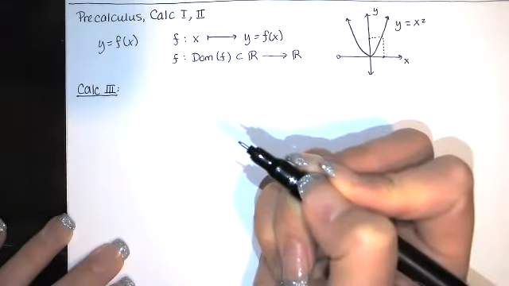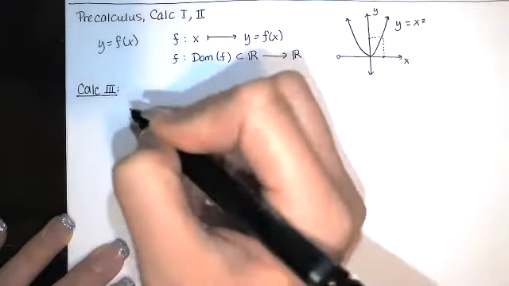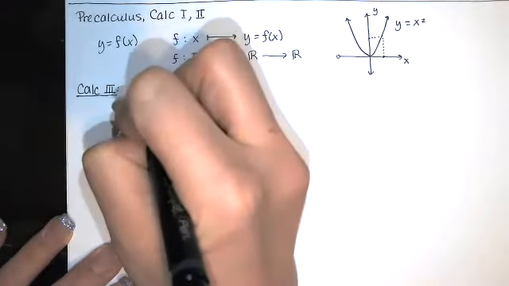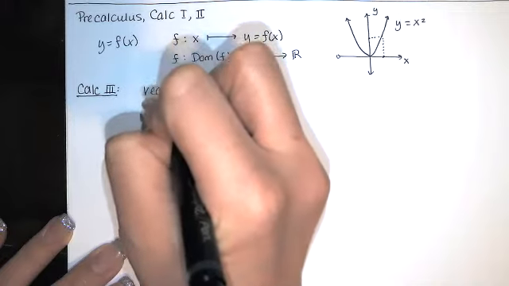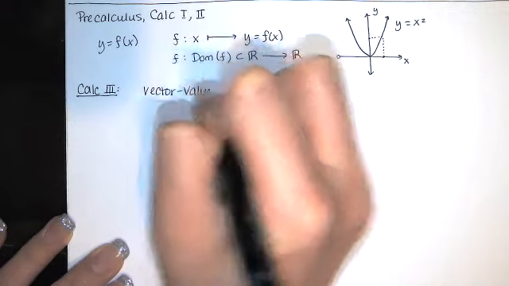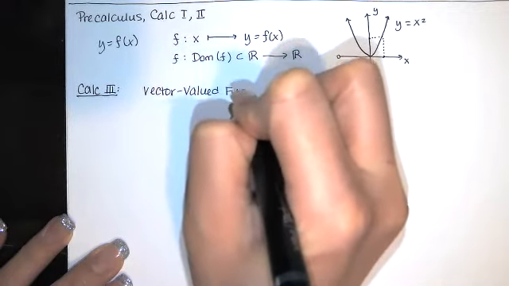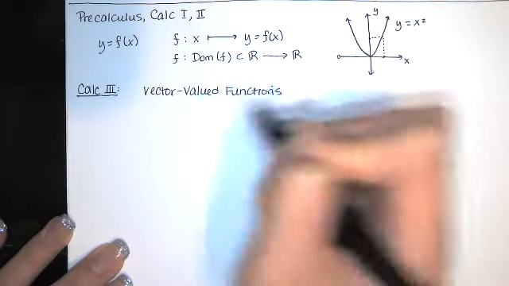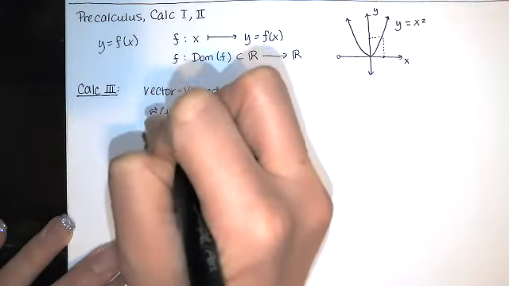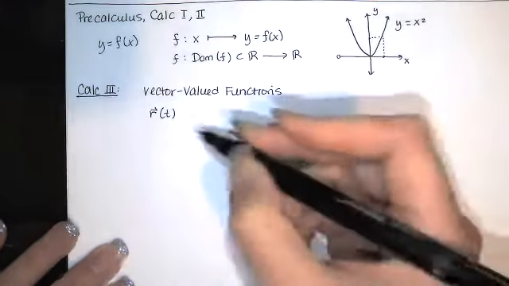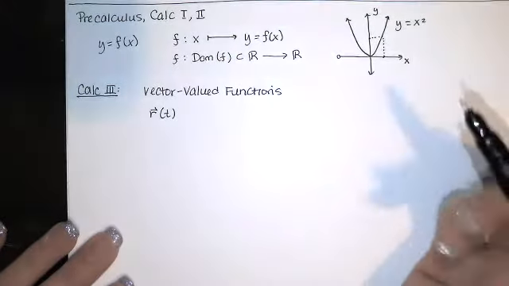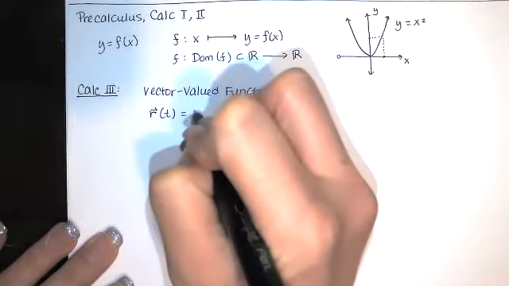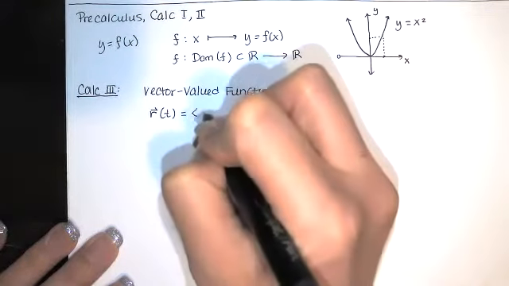And we started that process with vector valued functions. So we said, let's take a real number t, and instead of mapping it to another real number, let's map it to an ordered n-tuple.